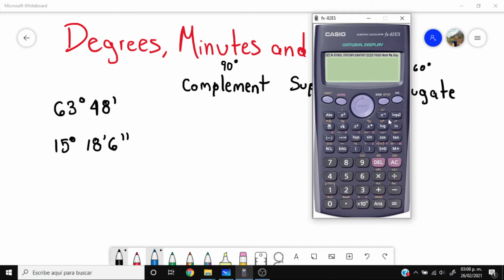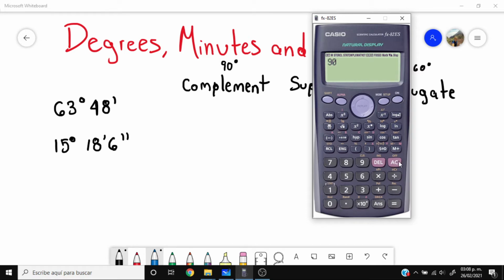So I'm going to type 90, and I'm going to press this key once. If I press the equal button, the calculator is going to transform this number into degrees, minutes, and seconds. That's what we need in order to perform this operation. So let's do it.